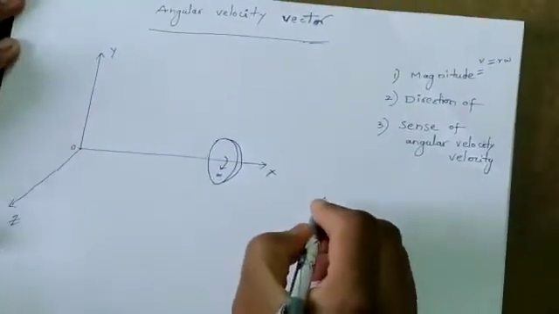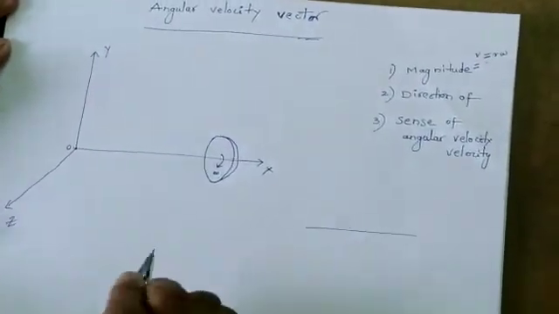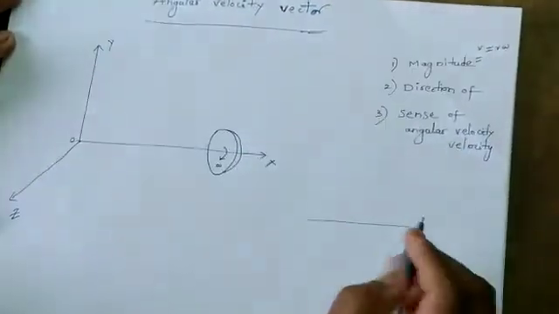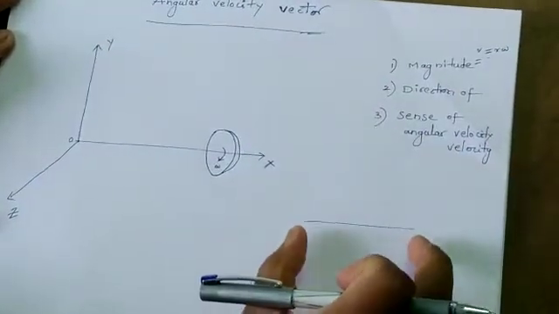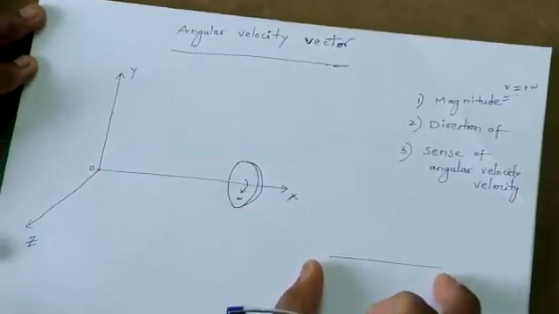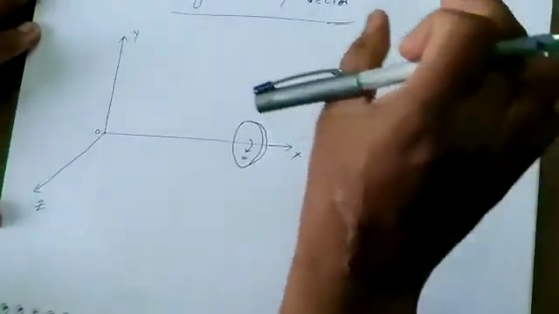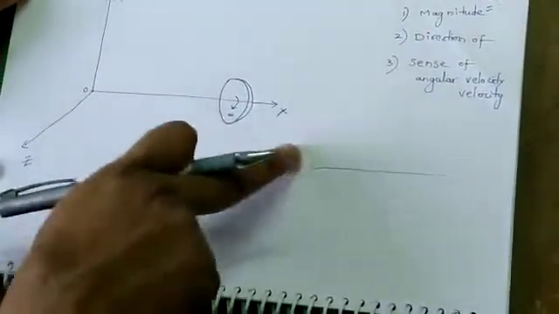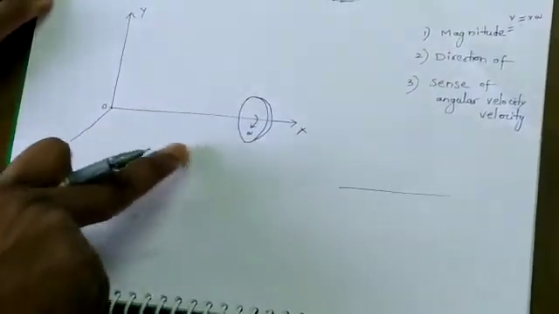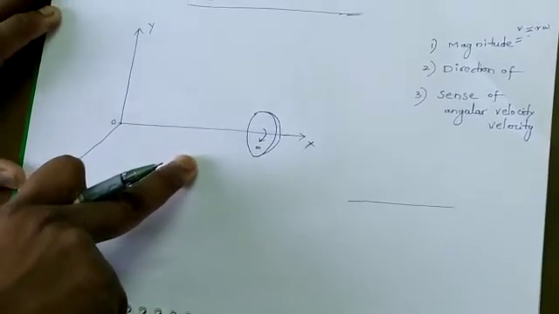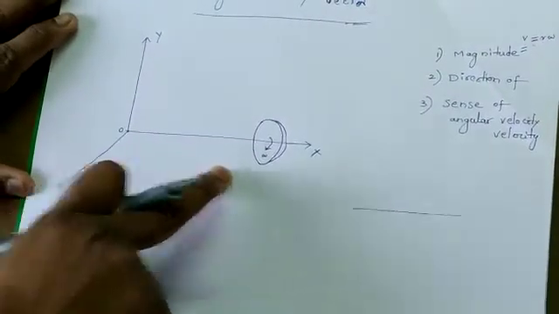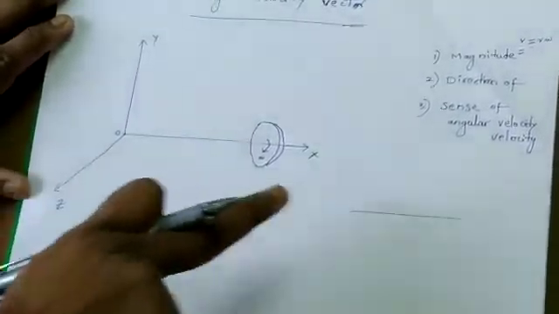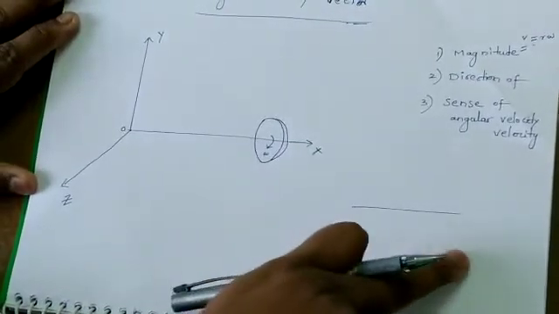Now we need to draw a vector along this axis. Suppose this is a vector, this length will be the magnitude. The magnitude of the vector is the length, and the direction of the vector is the direction along which the rotor is rotating. The rotor is rotating along the x-axis, so parallel to the x-axis I have drawn the vector.